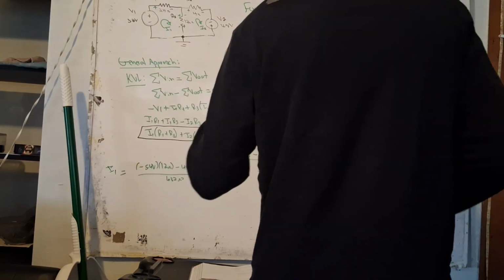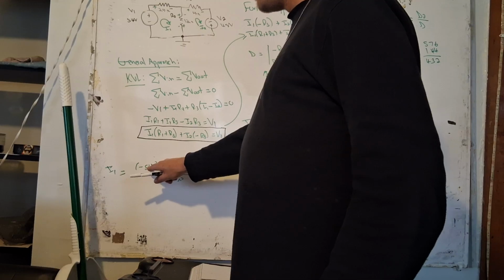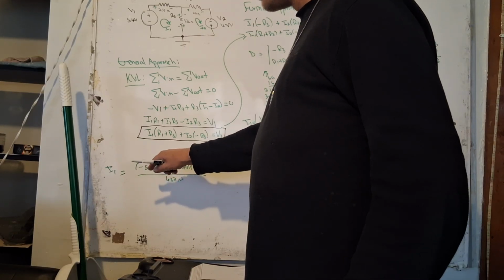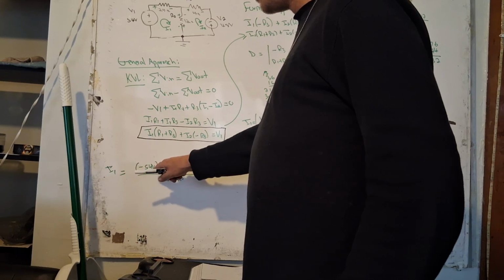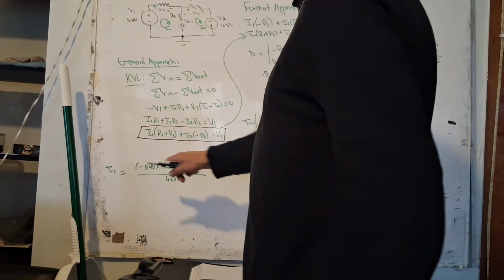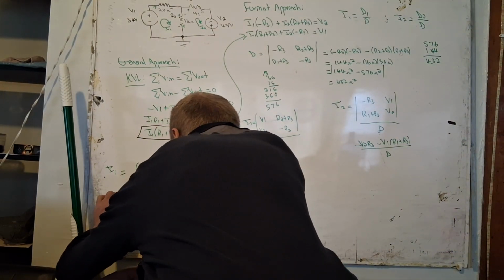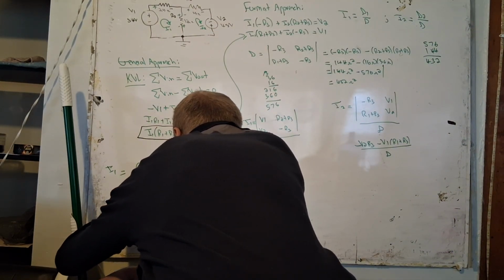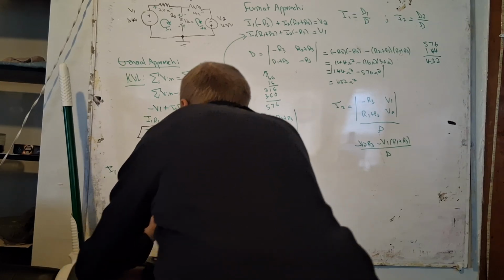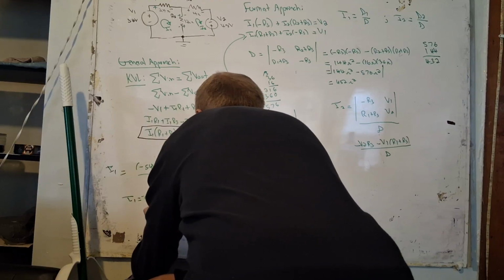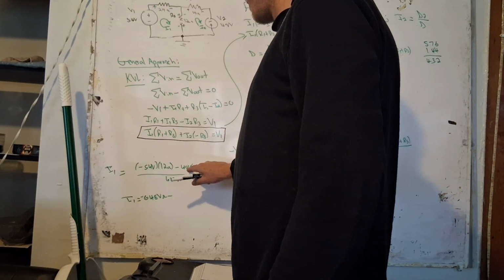So I could do this right here. Let's see, 54 times 12. 54 times 10 is 540. 54 and 54 is 108. So we're doing 540 plus 108, 648. I1, 648 volt ohms. And that's a negative value, by the way. And we're going to subtract that from, we'll do 48 times 10, that's 480.